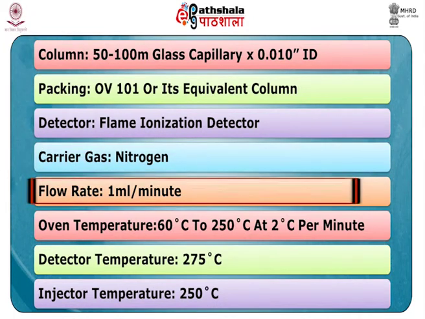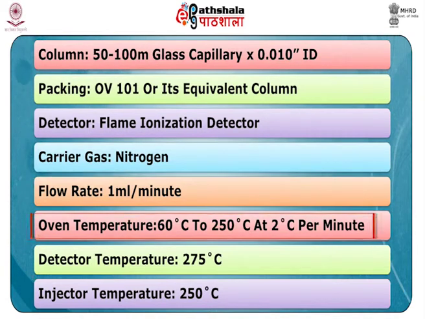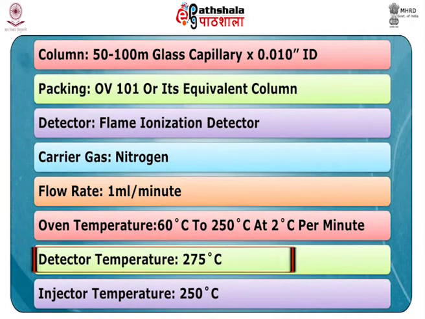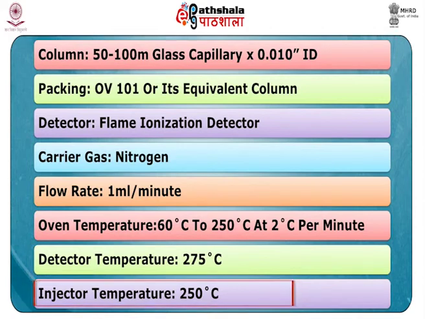The flow rate is kept as 1 milliliter per minute. The oven temperature is programmed for 60 degrees centigrade to 250 degrees centigrade at 2 degrees centigrade per minute variation. Detector temperature is kept as 275 degrees centigrade and the injector temperature is kept at 250 degrees centigrade.